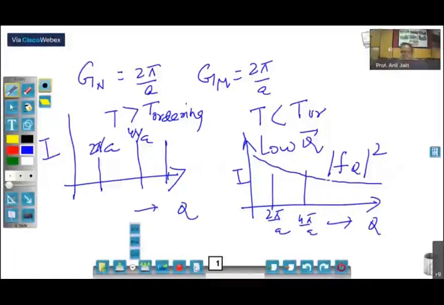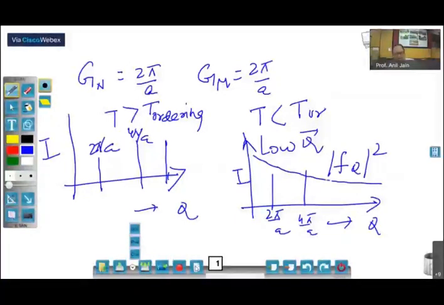So this is the one case where your material is ferromagnetically ordered. If you have magnetic ordering like a ferromagnet or a ferrimagnet, then your magnetic reciprocal lattice vectors are the same as the nuclear reciprocal lattice vectors.